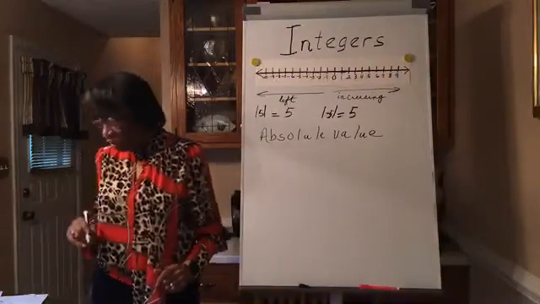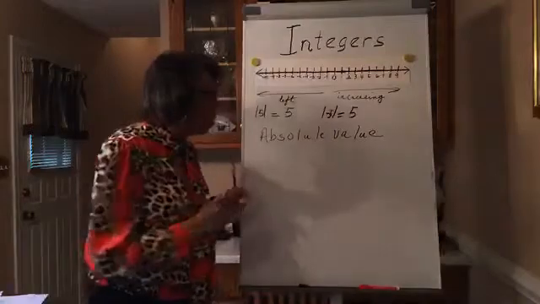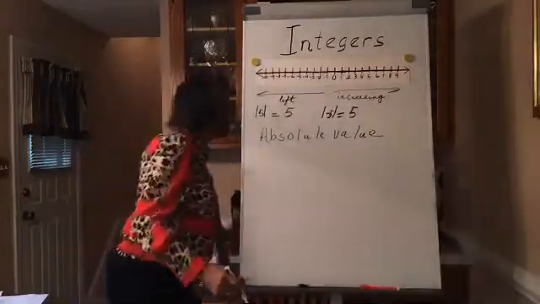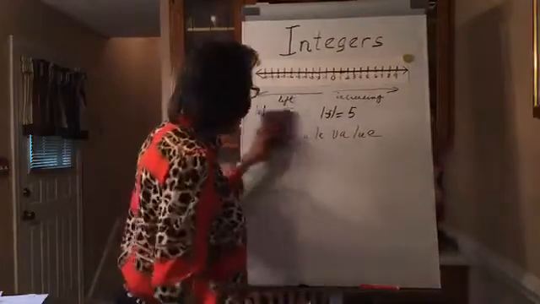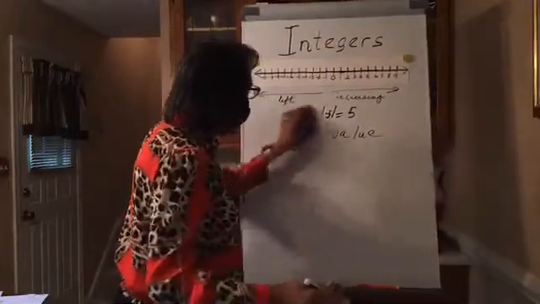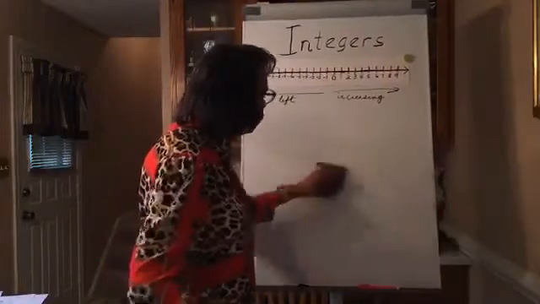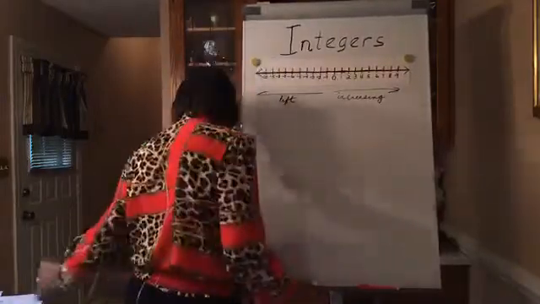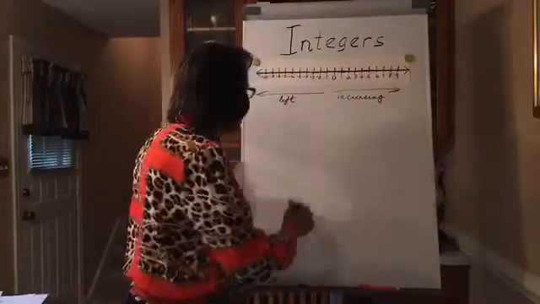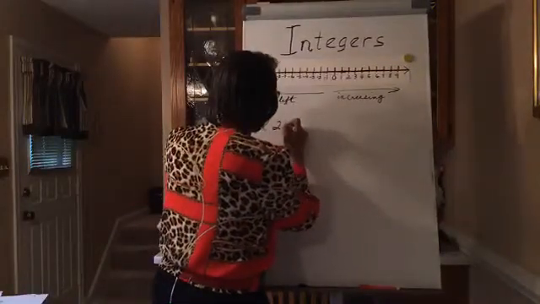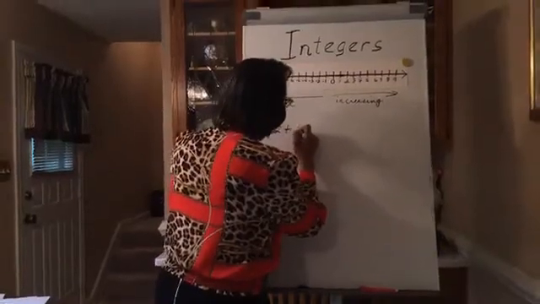Let's do positives first. Remember, if it's positives, we're going right. If it's negative, we're going left. Let's say 2 plus 4.